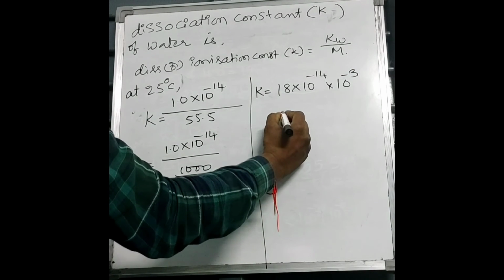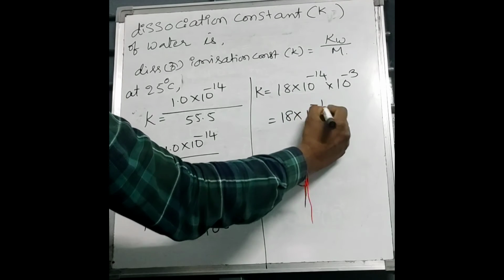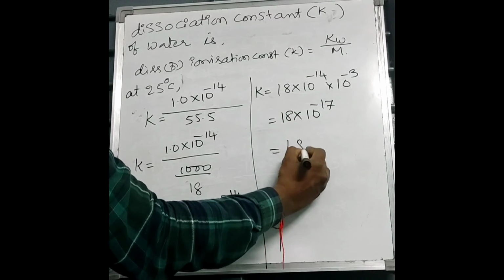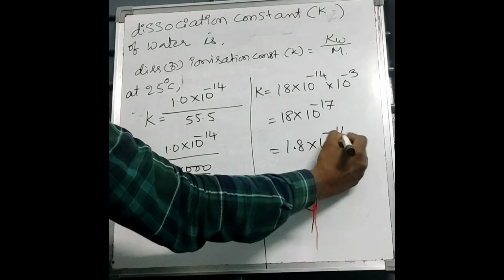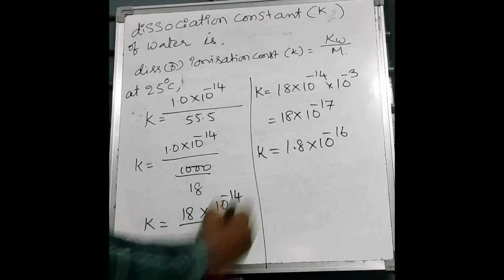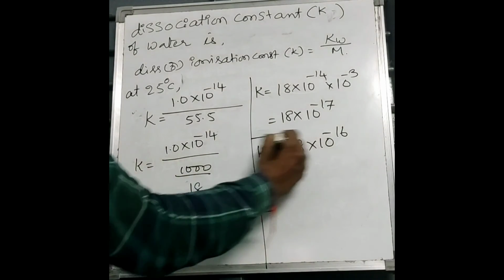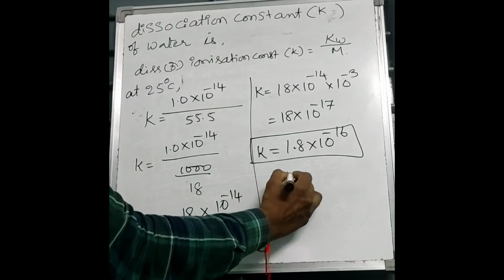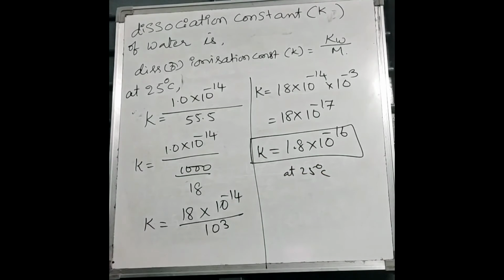So that equals 18 into 10 power minus 17, or 1.8 into 10 power minus 16. This is the K. So the K value of water at 25 degrees centigrade is 1.8 into 10 power minus 16.